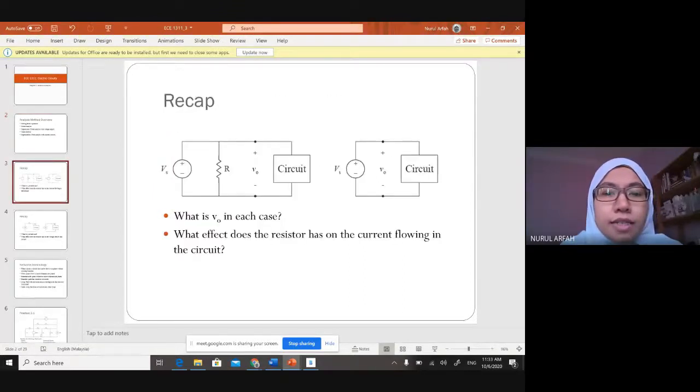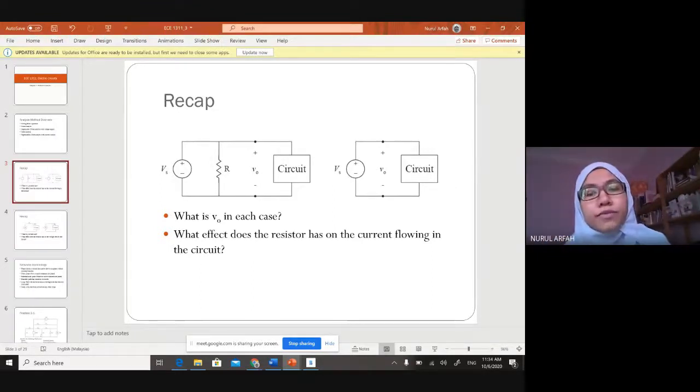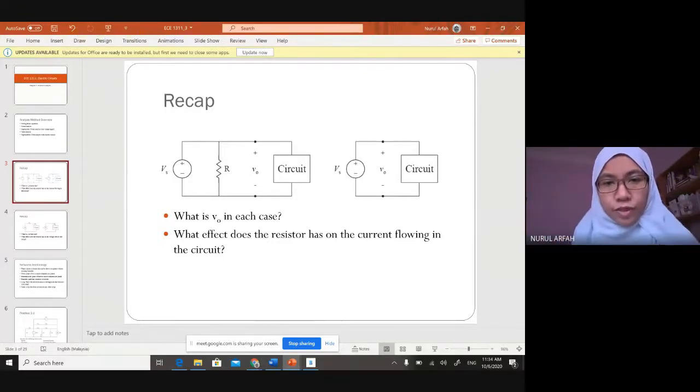Okay. And do you still remember what we will have if we have elements in parallel? Can you guess what type of electrical elements have the same value if they are arranged in parallel?